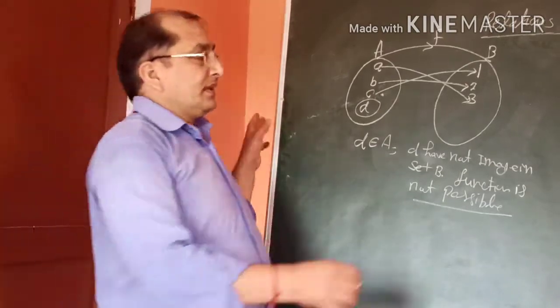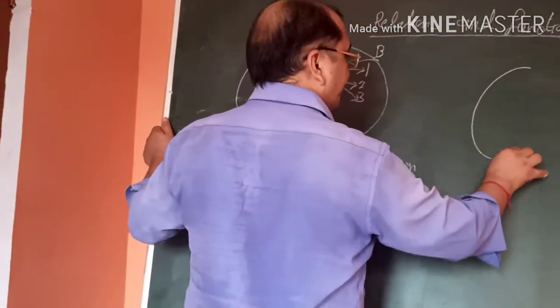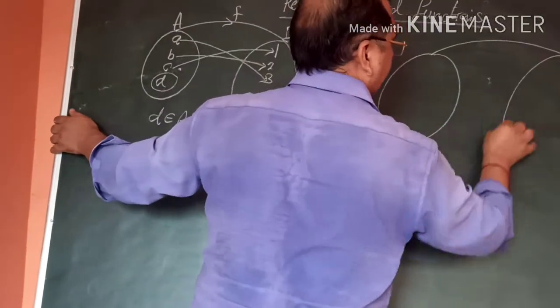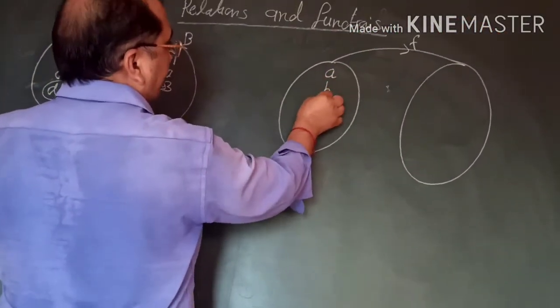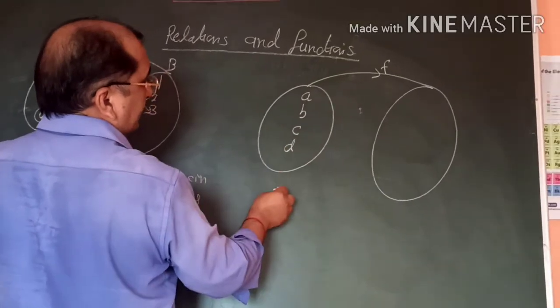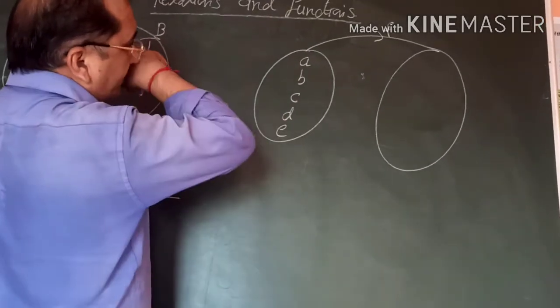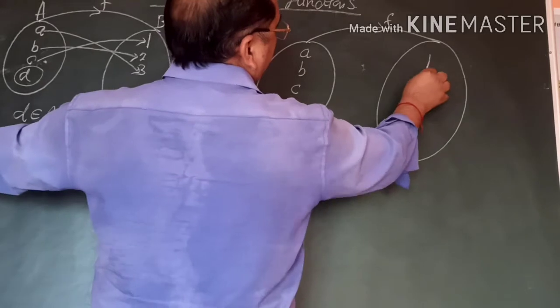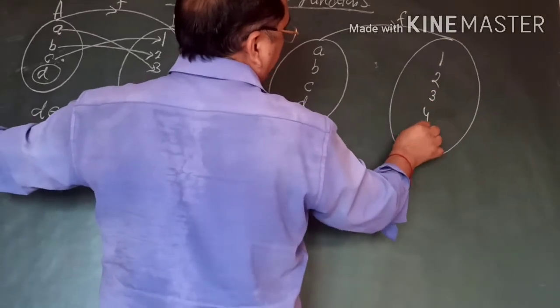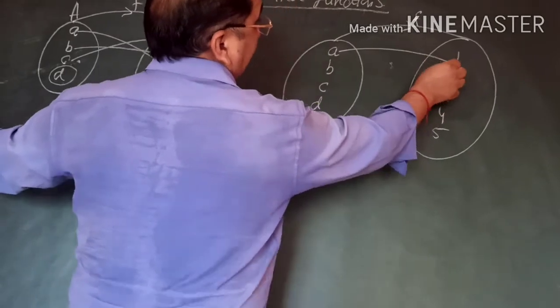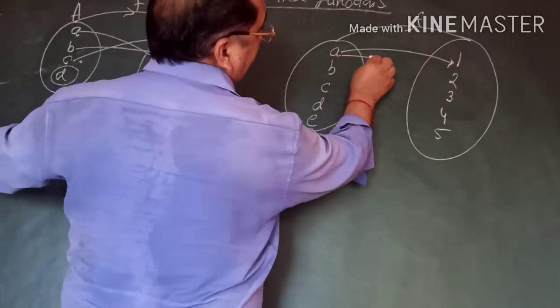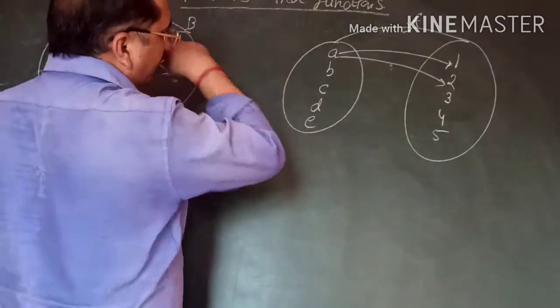Number 1. Number 2: A, B, C, D, and E, suppose, and 1, 2, 3, 4, 5. A has the image 1 as well as the image 2.